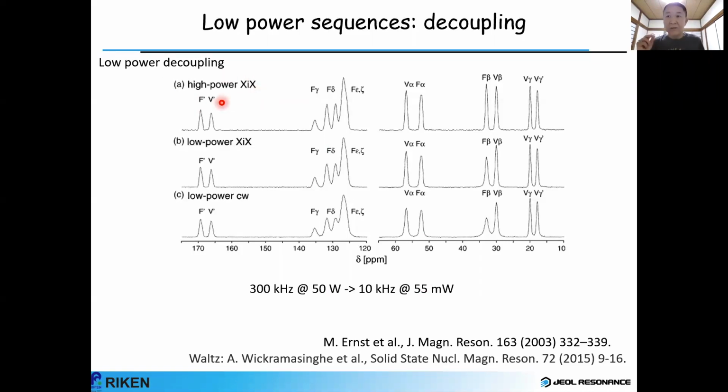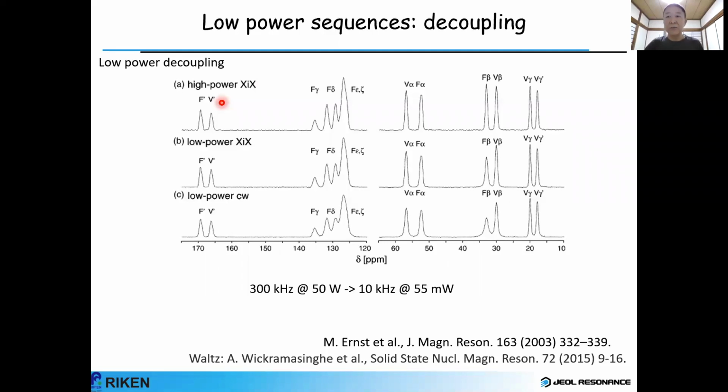But now we spin the sample at a very fast MAS rate. Then most of the dipolar coupling is already averaged out. What we have to remove is residual dipolar broadening. Then we don't need a strong RF field. We can use weak RF irradiation to remove this residual broadening.